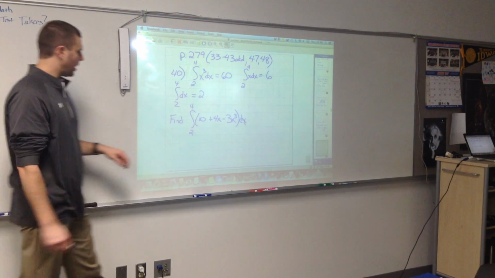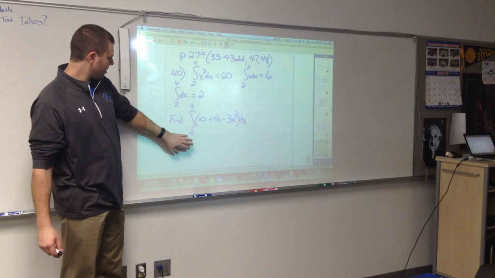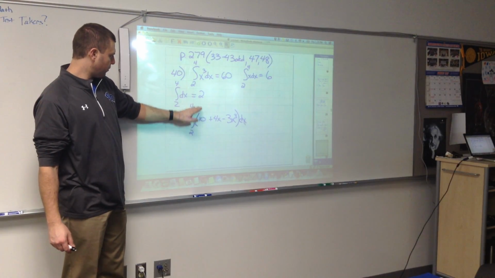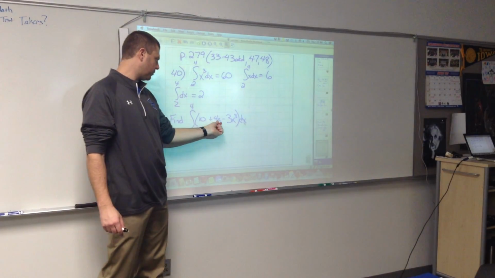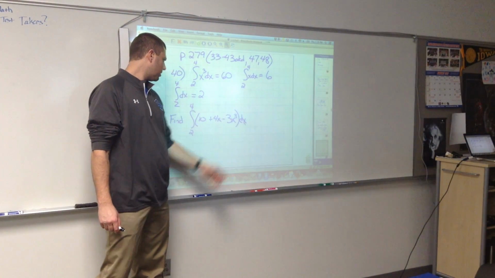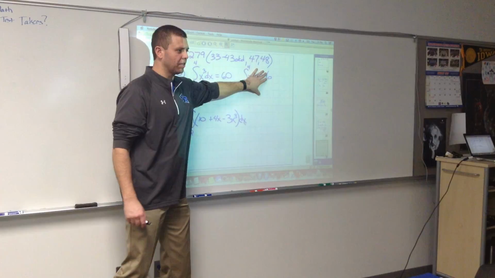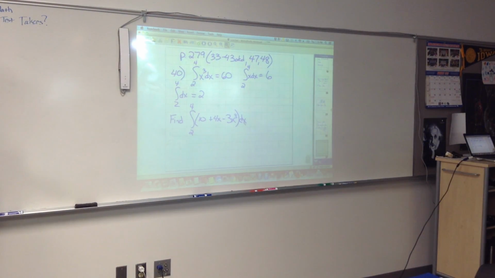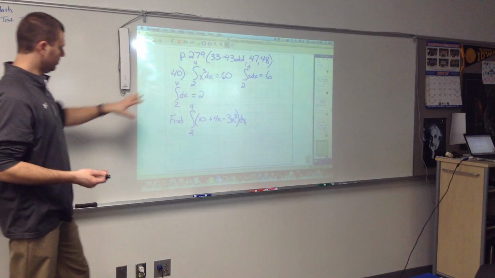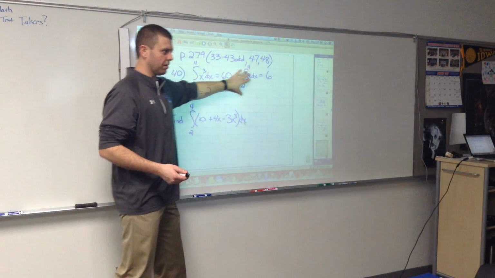So our job is to find the area from 2 to 4, to find the definite integral from 2 to 4 of this function, 10 plus 4x minus 3x cubed dx, given this information right here. So we don't actually have to graph it. We can just use this information right here.